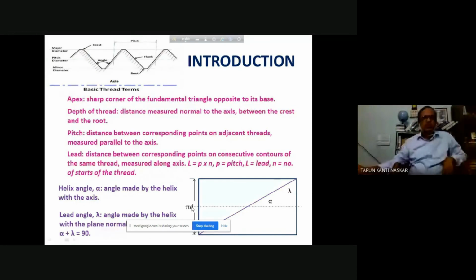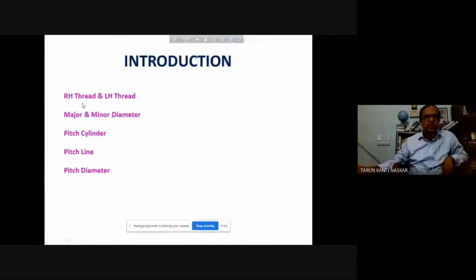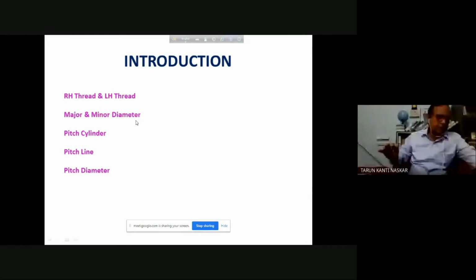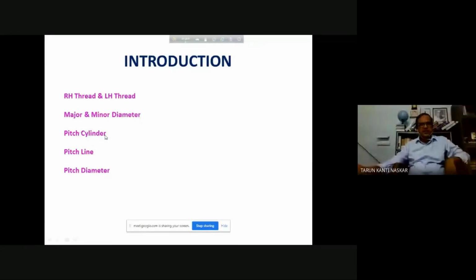So we have discussed whatever we have discussed. What is right hand thread? What is left hand thread? What is the major diameter and minor diameter? Major diameter and minor diameter, pitch cylinder, that means the cylinder of diameter equal to the pitch diameter.